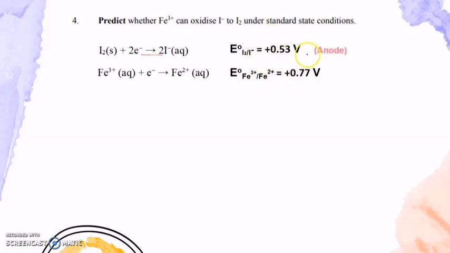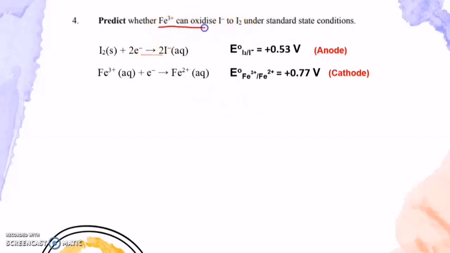From the values, we can determine that this cell will become our anode as it is more negative compared to this cell, so this one will be our cathode. Now we want to predict whether Fe3+ can oxidize I- to I2.